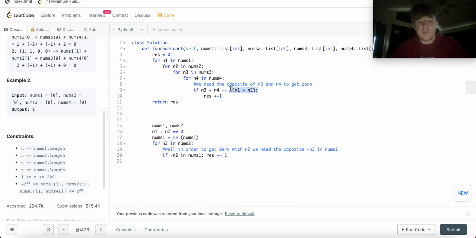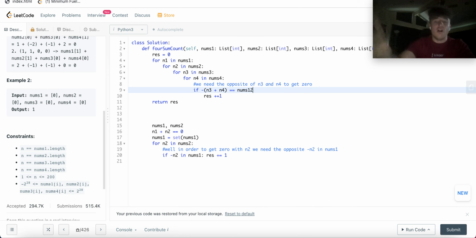Before, when it was here, we said, well, if the opposite is in nums1, but we need something that's not just nums1 and nums2. We need something that's the combination of nums1 and nums2, right? So if we say, okay, is the opposite of n3 and n4 in some new nums1, 2 array, okay? And we'll make that a set or a hash table or something to then update this solution.